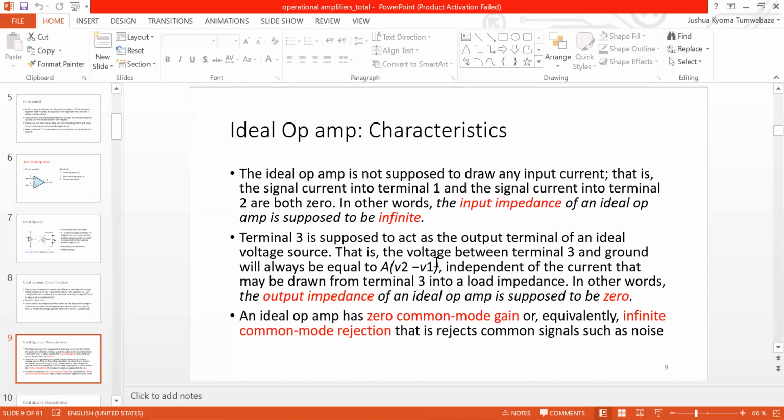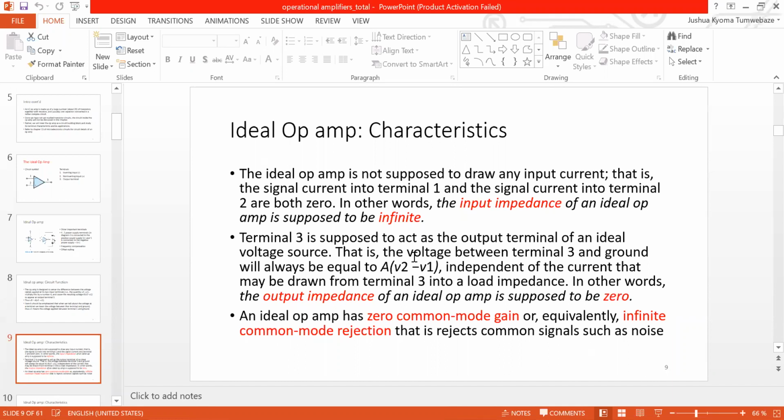If we put a resistor, that is a load, at the output between terminal 3 and ground, the current that will be drawn by that load will depend on the load. It will not depend on the output voltage. So we can vary our load current from 0 to infinity, but the output voltage will remain constant.